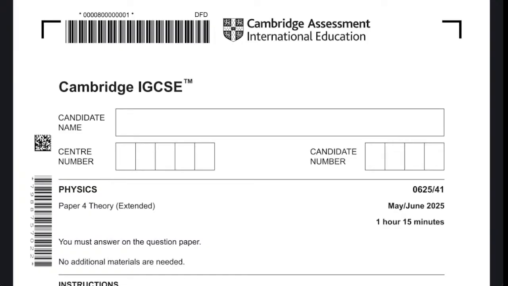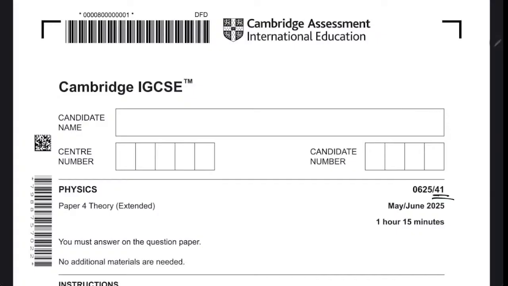All right, so here's the first one. We are doing May, June 2025. We're doing paper 4-1. This is the very first one. May, June 2025.